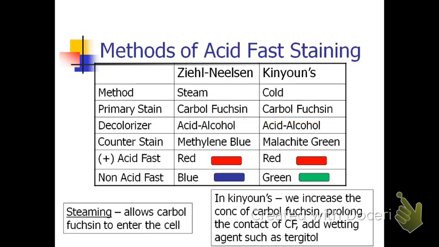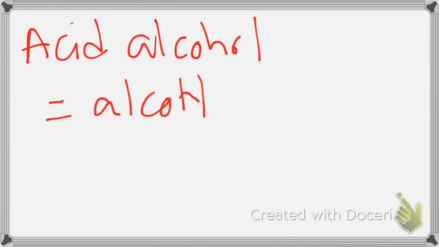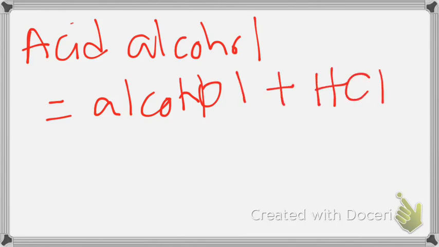Both of these methods also use acid alcohol as the decolorizer. Acid alcohol, in contrast to your gram stain, which utilizes a mixture of acetone and alcohol, is actually made up of alcohol and hydrochloric acid.